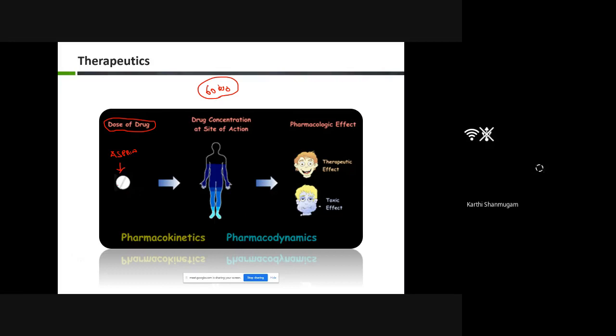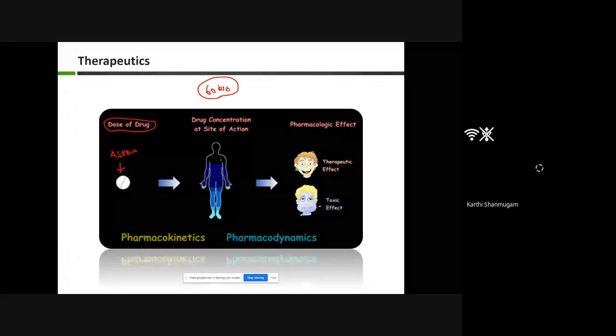In any way, the drug molecule first enters into the body. We already discussed this while talking about the journey of the drug molecule, if you remember, right?